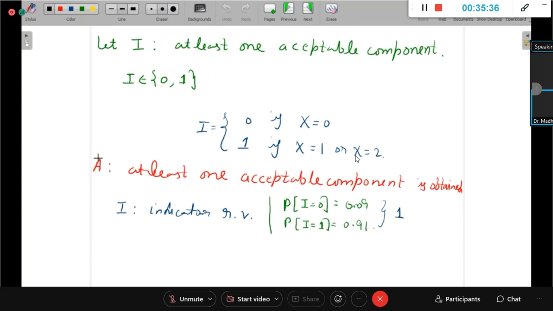Let I denote the event that A occurred, where A is the event that at least one acceptable component is obtained. If you name it A, this is I_A here.